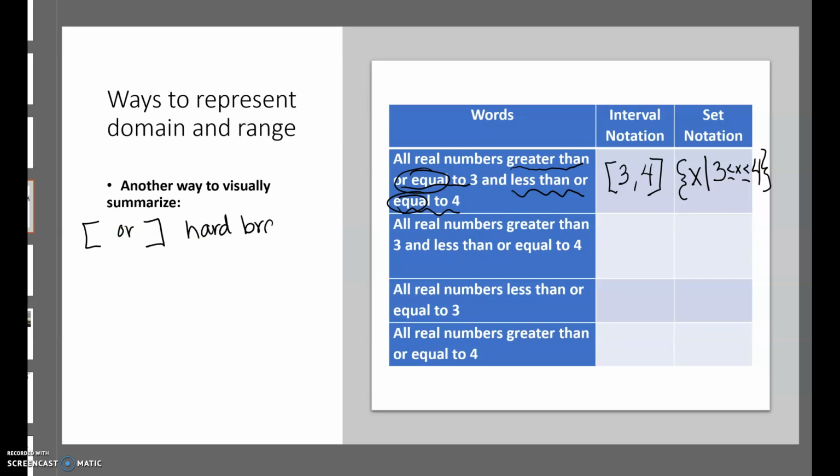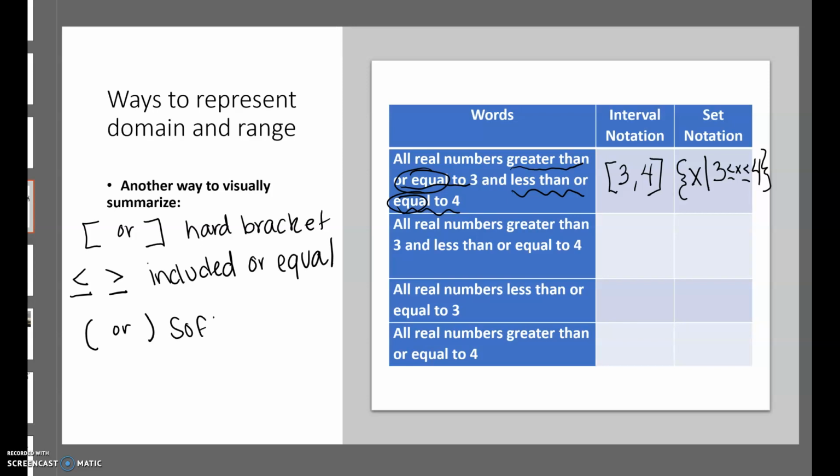So hard bracket, when it's included or equal to, or we're going to have the greater than or equal sign with the line underneath. We're going to have a soft bracket, and that's why I erased the parenthesis sign just a second ago.